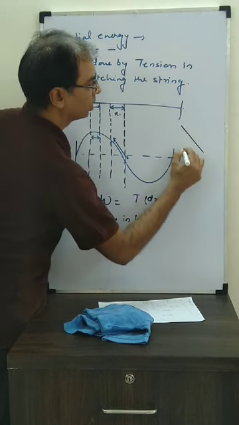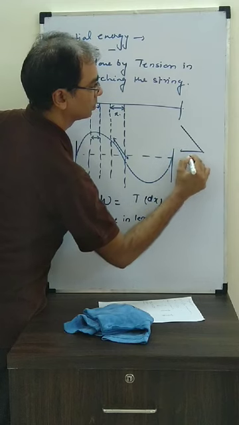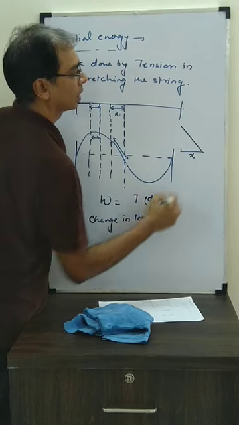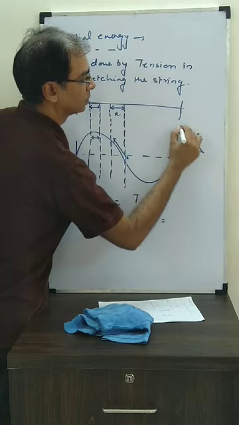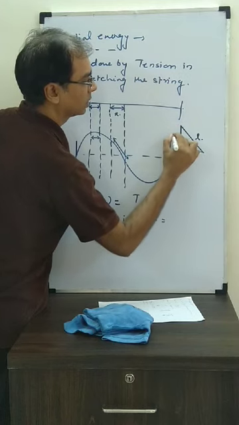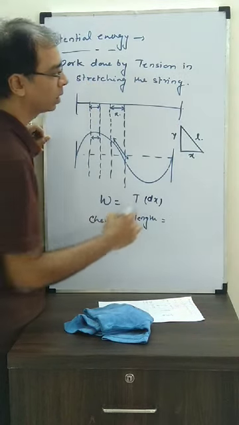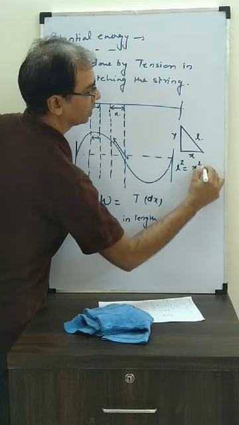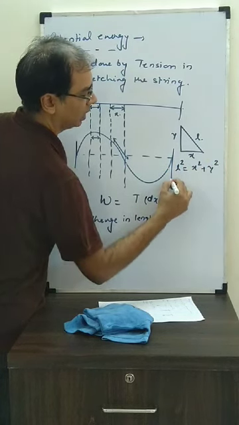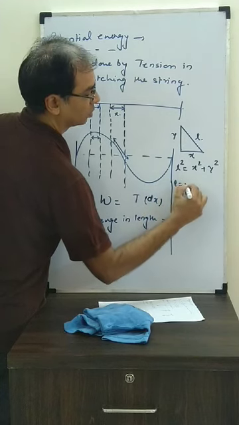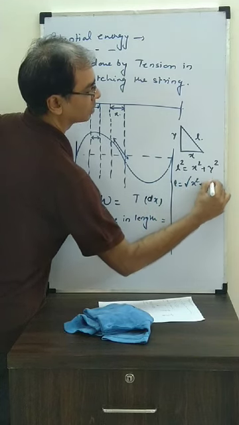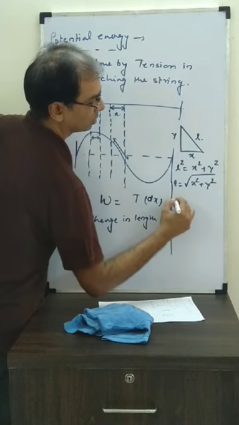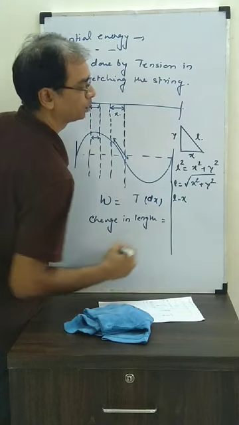Original length is this, and let's assume this is L, and let's say this is y. Then we can say that this L square is actually x square plus y square. What is L? L is root over x square plus y square. And what is change in length? Change in length is L minus x.